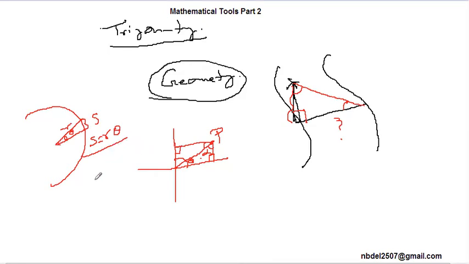Now come to one more reality. If you have a big curve, take a small part of the curve. A small part of the curve is nothing but a straight line. So when you take the angle theta to be very small, this arc S is almost like a straight line. If it is a straight line, then either this angle or this angle will be 90 degrees.